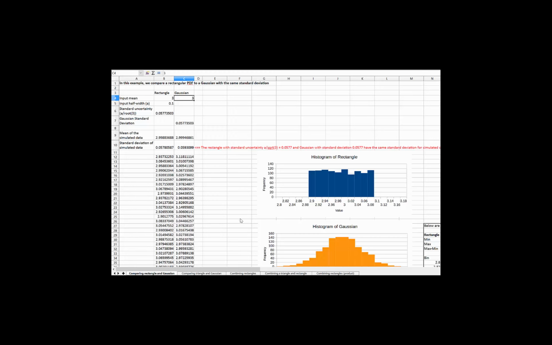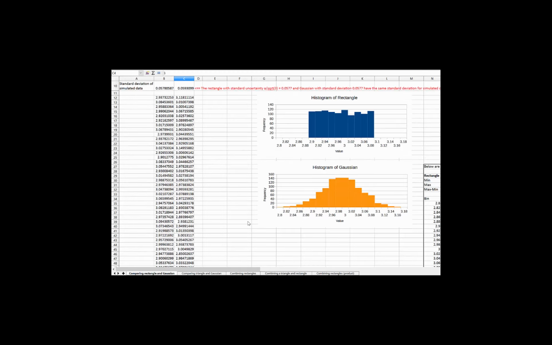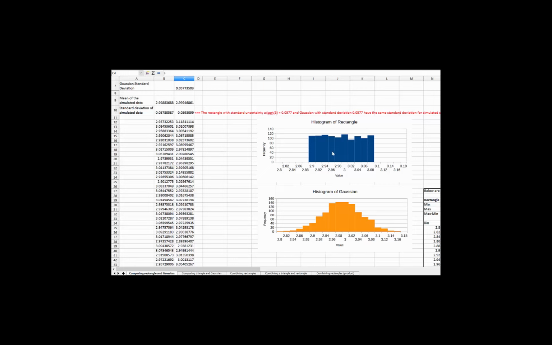So both of these have the same standard uncertainty, which is 0.057 or 8. If you compare the histogram and Gaussian using the same x bins and axis, this is what the two would look like. This is the rectangle that would have the same standard uncertainty as the Gaussian.